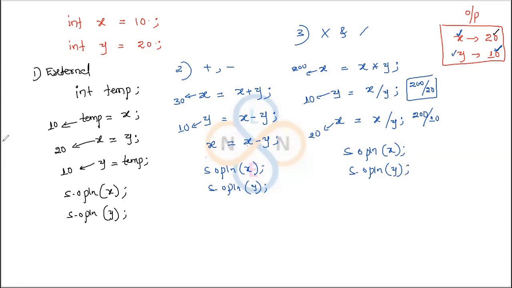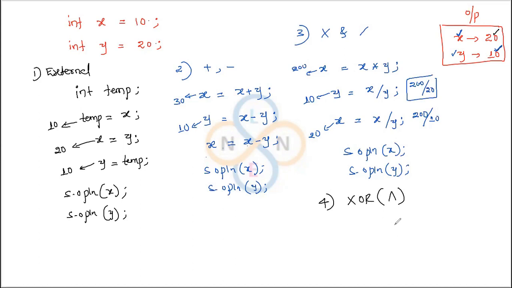What's the last approach? We have to use the XOR operator. That is also very easy. Let me write here the fourth approach by using XOR operator, this is the symbol which is present on the keyboard. For this, again, we have the same x and y initially.